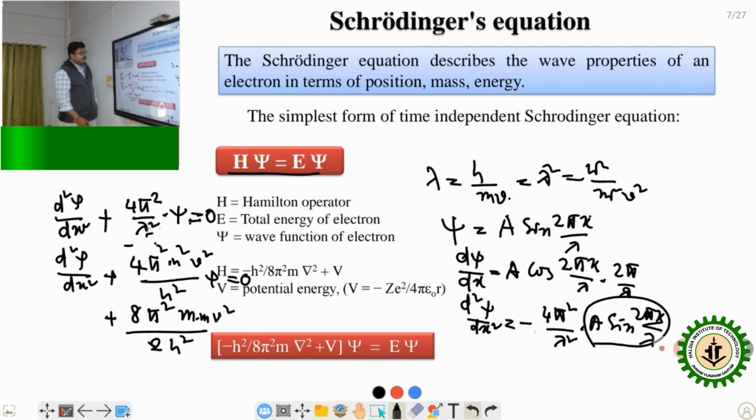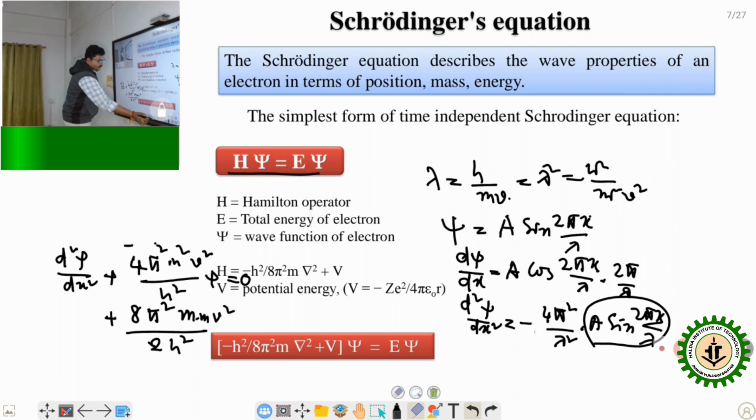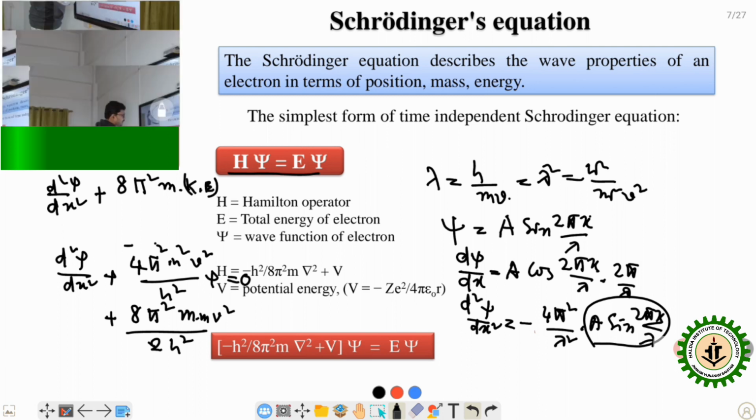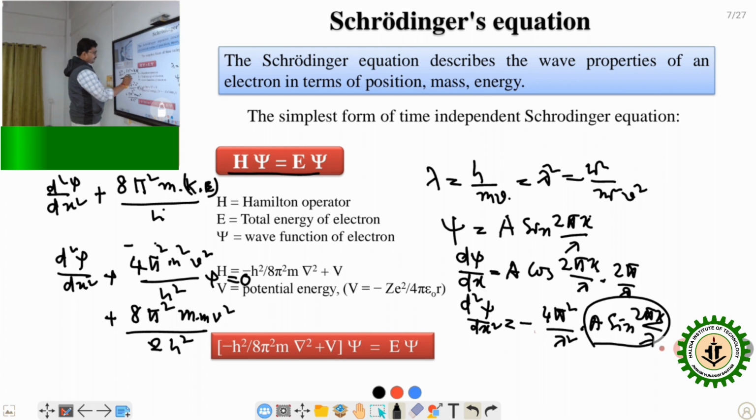So instead of half mv², now I can write d²ψ/dx² plus 8π²m into my kinetic energy part, divided by h², ψ, which will be equal to 0.